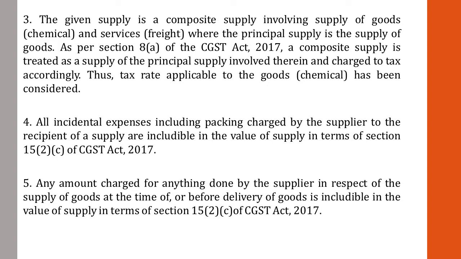As per section 8A of the CGST Act of 2017, a composite supply is treated as supply of the principal supply involved therein and charged to tax accordingly. Thus, the tax rate applicable to the goods, that is chemical, has been considered. So, in this case freight charges we need to consider, that is 1,10,000 rupees.